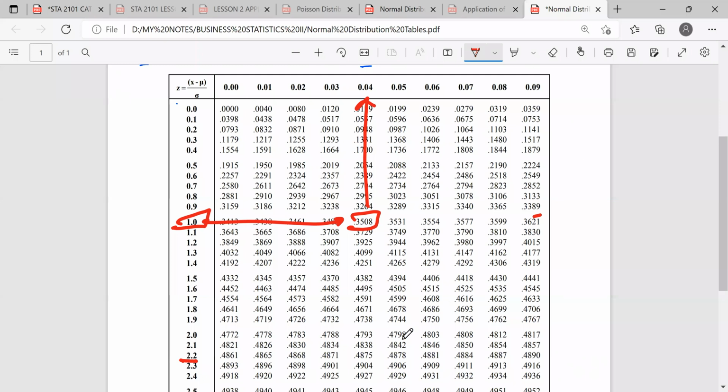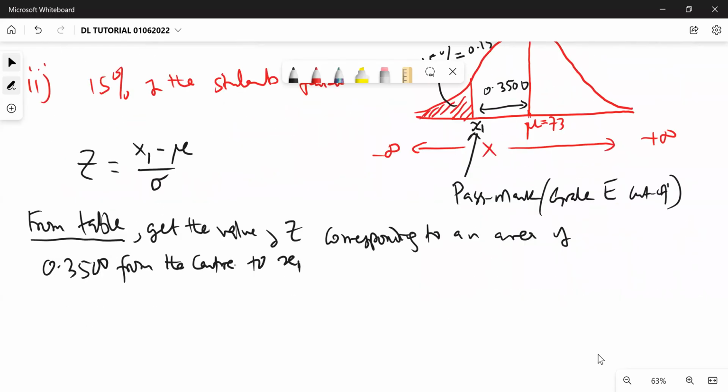So that is the Z value that we'll use in our formula to help us figure out the value of X. Okay, so here we need to put 1.04 is equal to X1, which we don't know, but you know that mu is 73. And our sigma is 8.2.